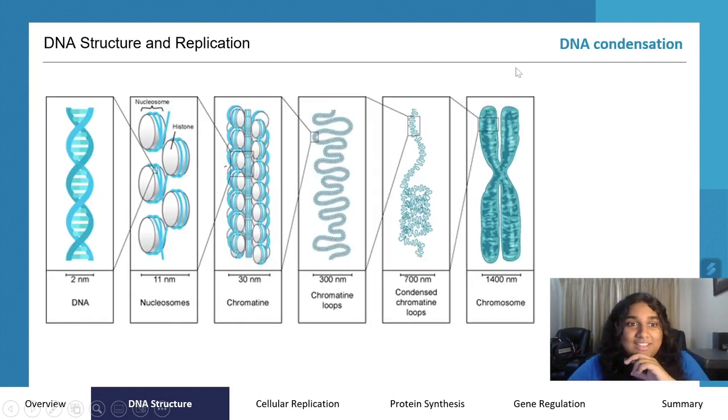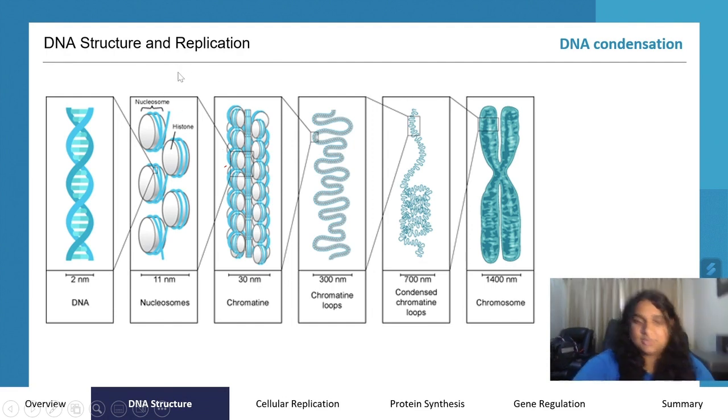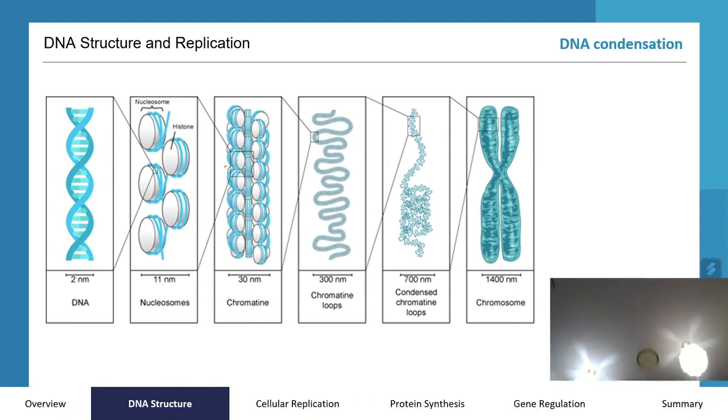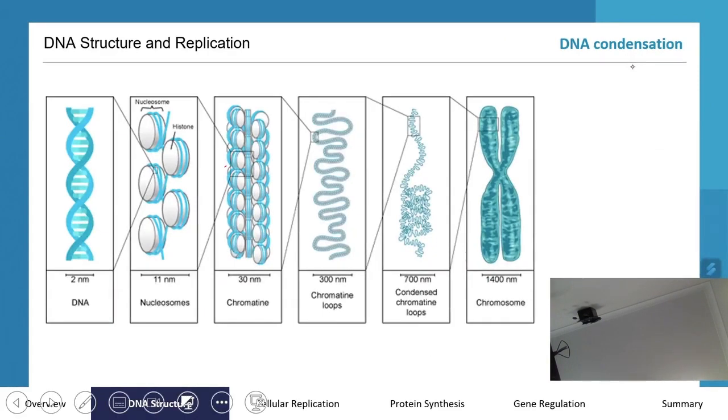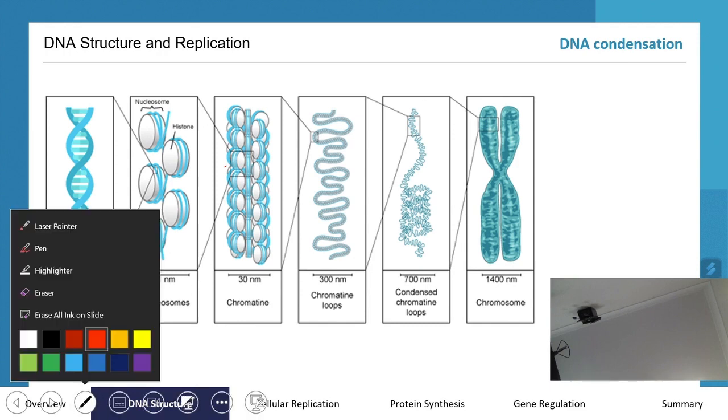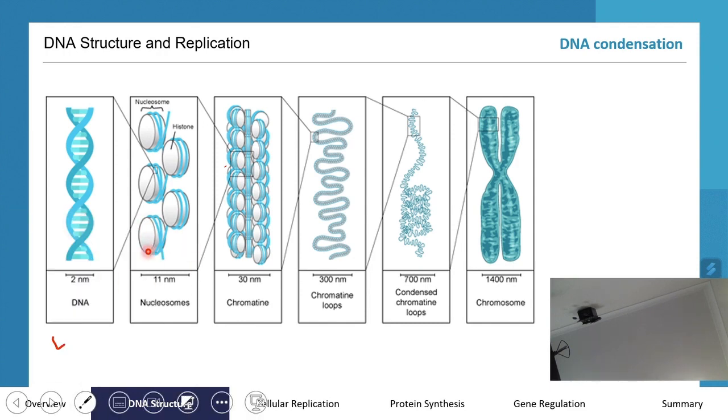So in terms of how DNA is stored within the cell, this is its structure in eukaryotic cells. So I'm just going to flip over again so I can write. Okay.